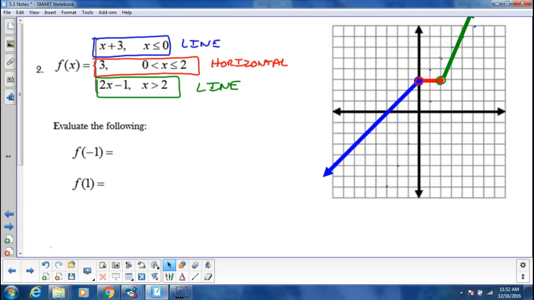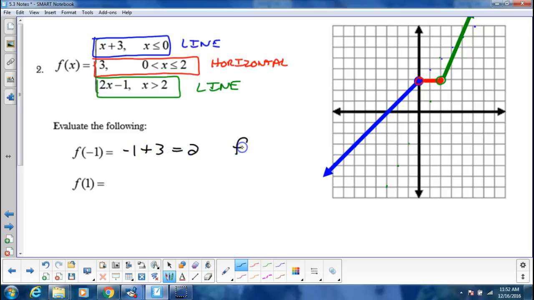Okay? With me? So, evaluate the following. Blue, red, or green, where is f of -1? Which part is it on? It's on blue, so -1 plus 3 is 2.